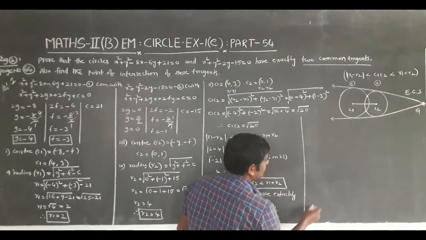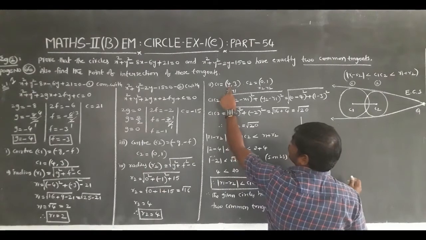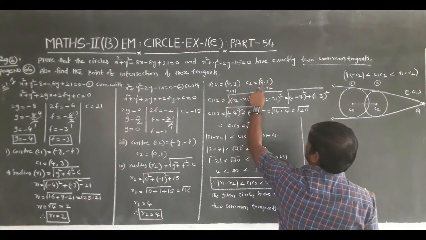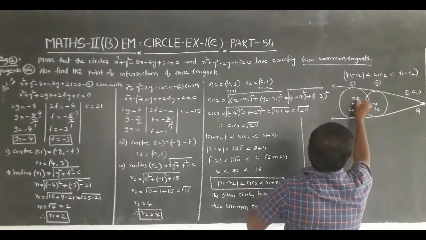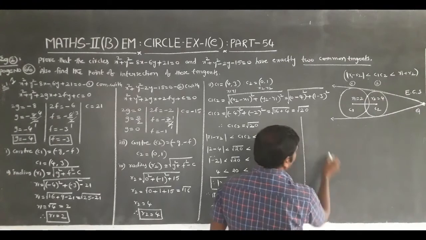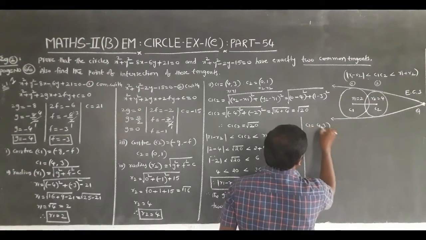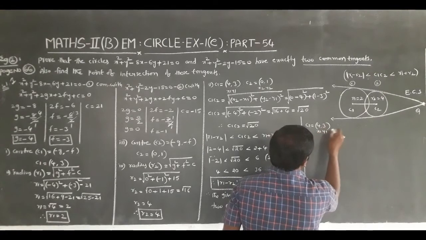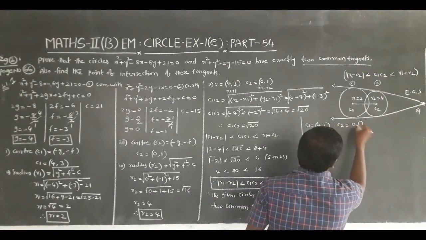This is the center C1. C1 is equal to (4, 3). C2 is equal to (0, 1). Here R1 is equal to 2, R2 is equal to 4. Let C1 be (x1, y1). C2 is equal to (0, 1), let it be (x2, y2).